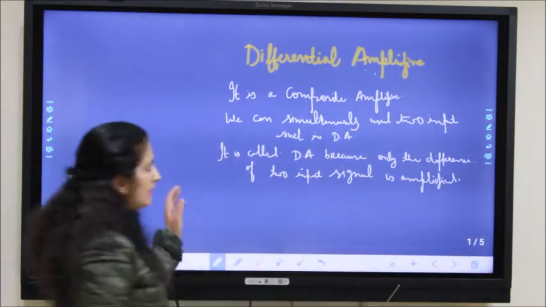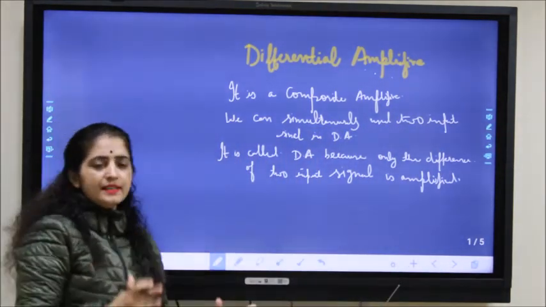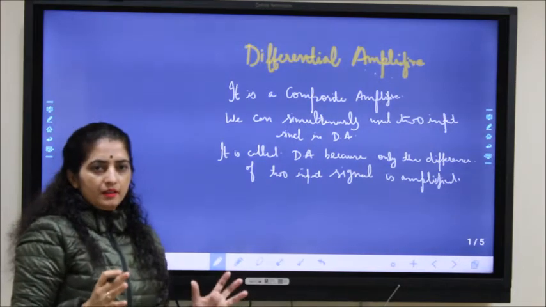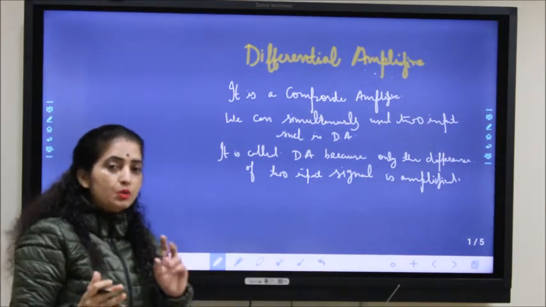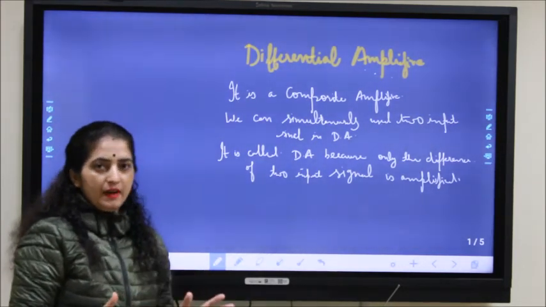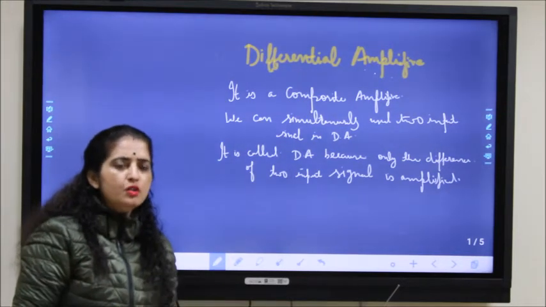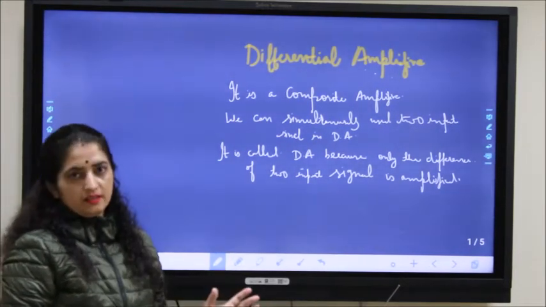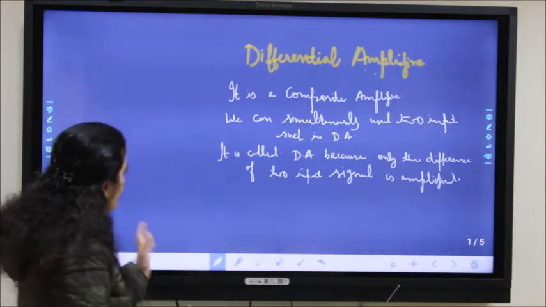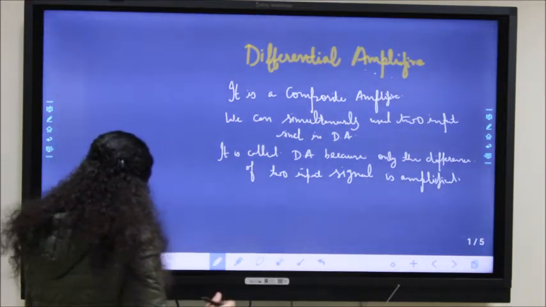Why it is called the differential amplifier: the difference of the two input signals is amplified, and the signal which is common to both is rejected. Is it clear?